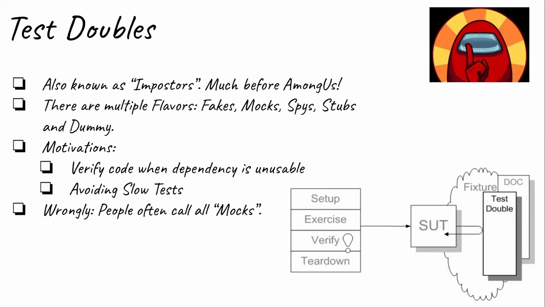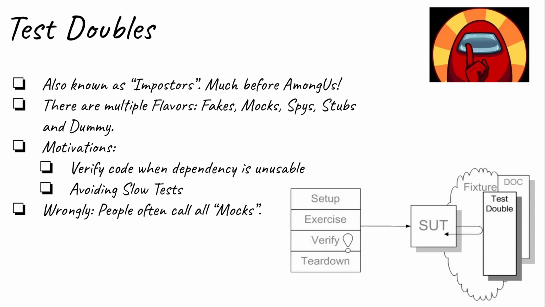The motivation is that you want to verify your system or your piece of software when the dependency is unusable, either because it is flaky or full of instability, or it's a legacy system, it could be a desktop or mainframe application, so it's really expensive to call it, or it will take a long time.